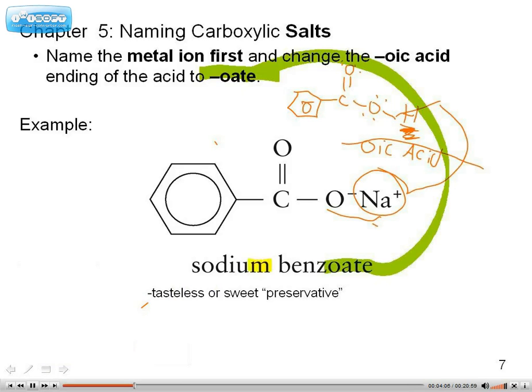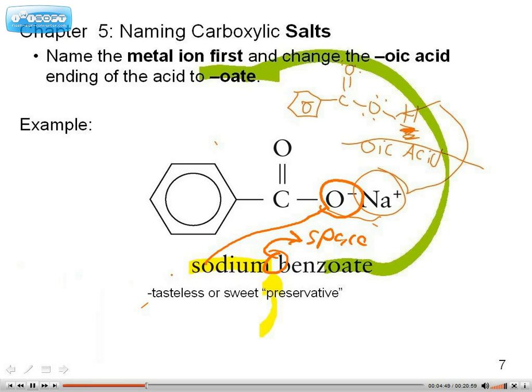So we place the metal name right up in front, and we make sure there's a giant space in between. So it's sodium benzoate. There's no need to put a 1 in front of sodium. It's automatically implied to be connected to the former alcohol oxygen, now an oxide ion. That's a lot of O's.